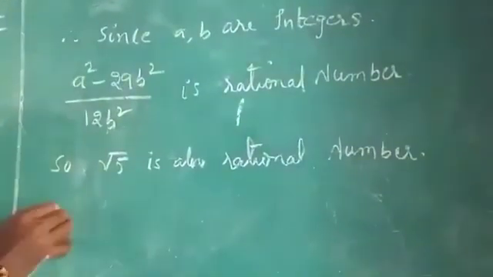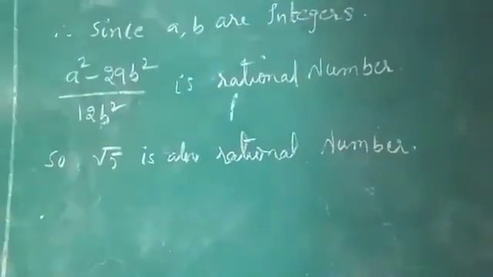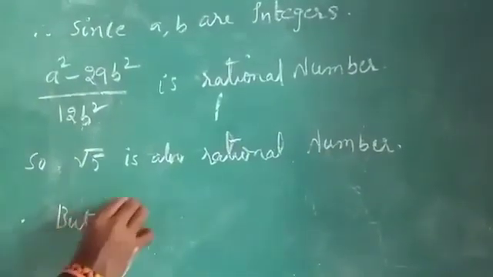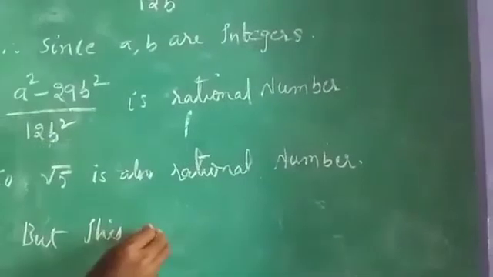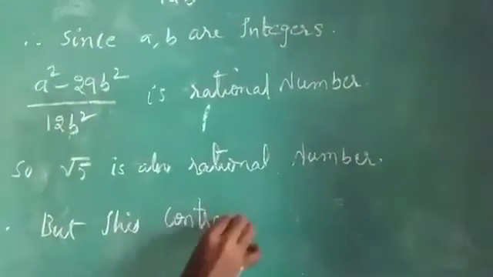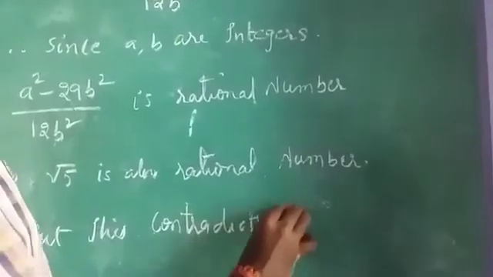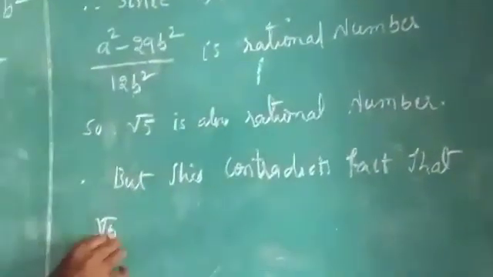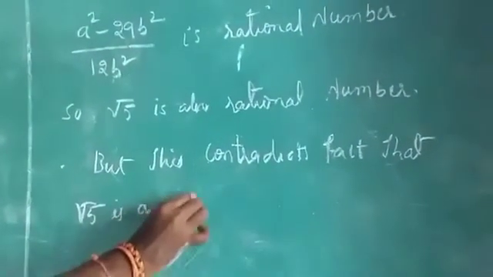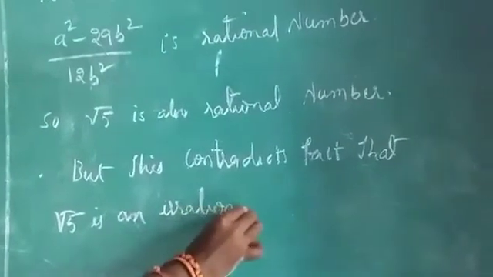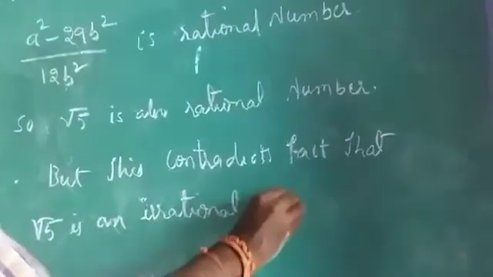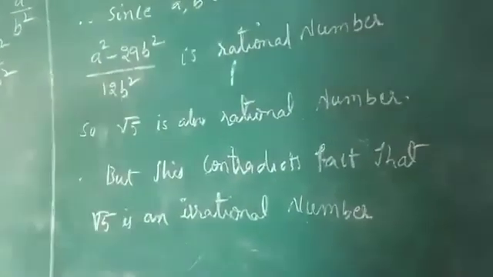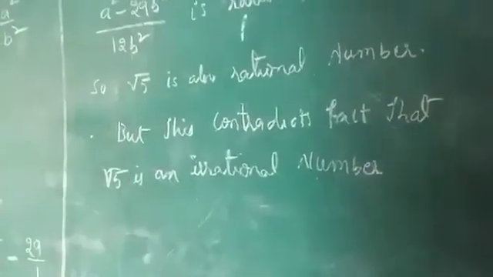But this is a contradiction. What is that? Our contradiction is that this contradicts the fact that root 5 is an irrational number. So what do we conclude? Then what you will conclude?